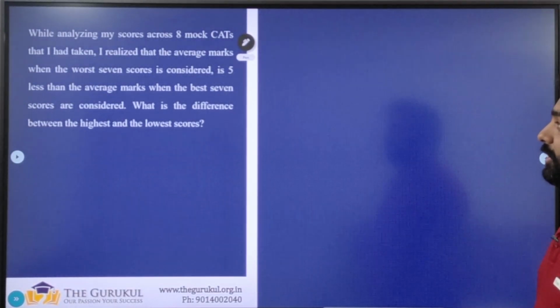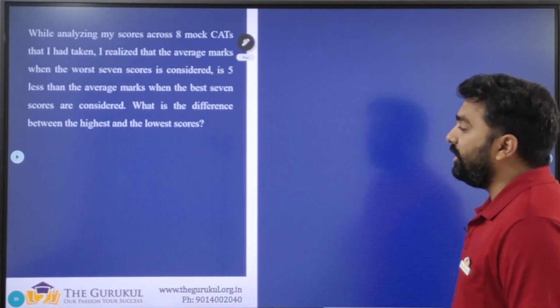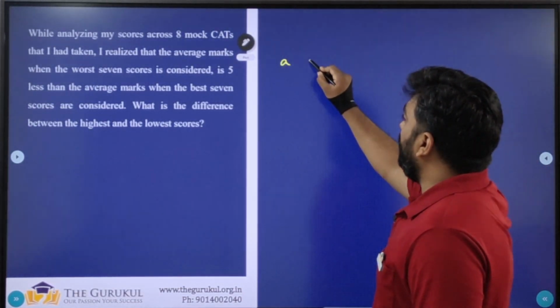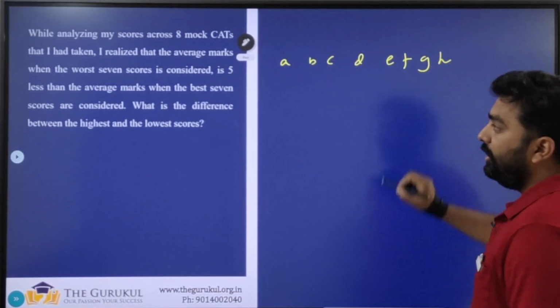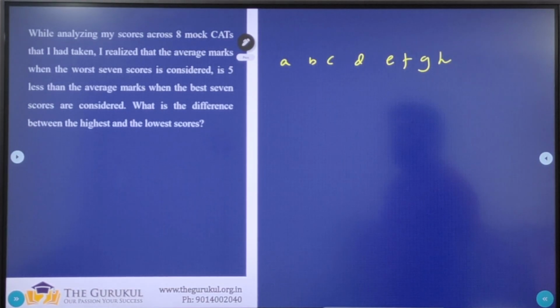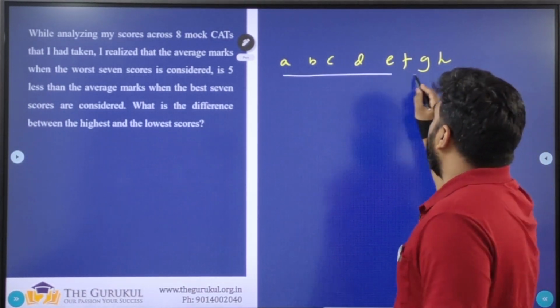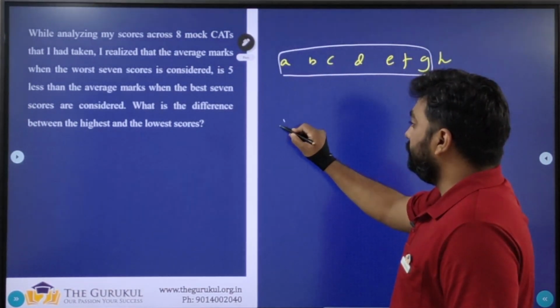average marks when the worst 7 are considered is 5 less than the average marks when the best 7 are considered. Let us say A, B, C, D, E, F, G, H. These are the 8 mocks we are considering. Worst 7 mocks, which means sum of these 7.